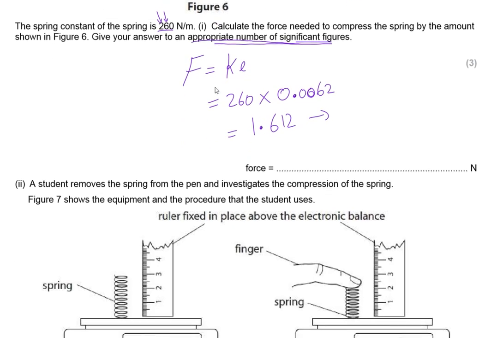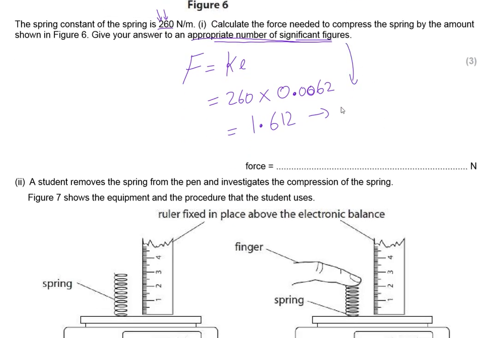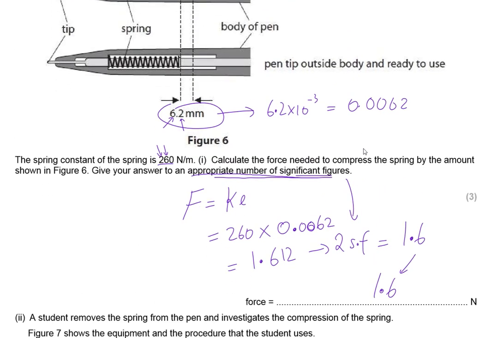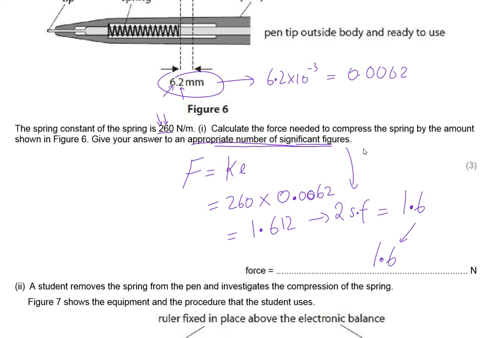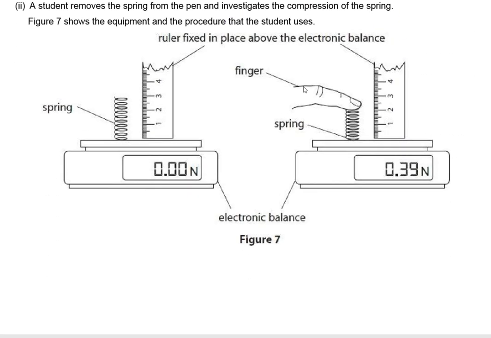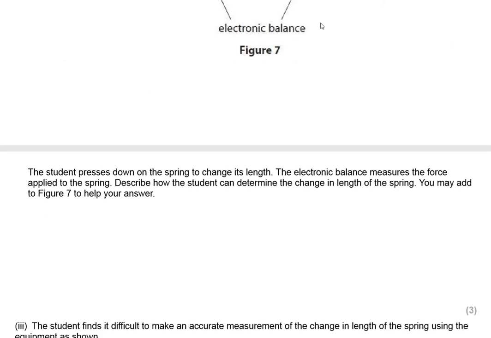Therefore the appropriate SF has to be 2 SF, so the answer in this case is going to be 1.6. That is the appropriate SF in this particular case. Again, this is something that you should have learned from a maths teacher.